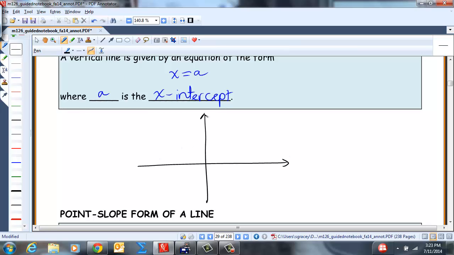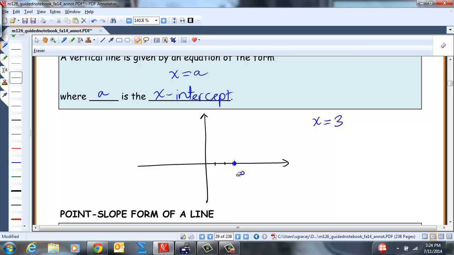So, for example, if you were graphing the line x equals 3, we would go 1, 2, 3. This would be the x-intercept, so we'd be at 3, 0.